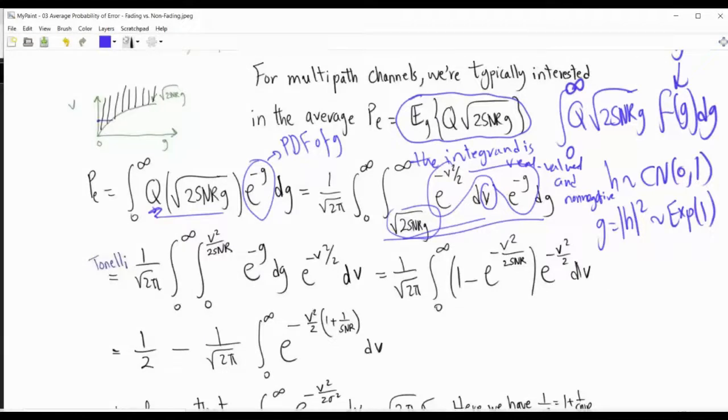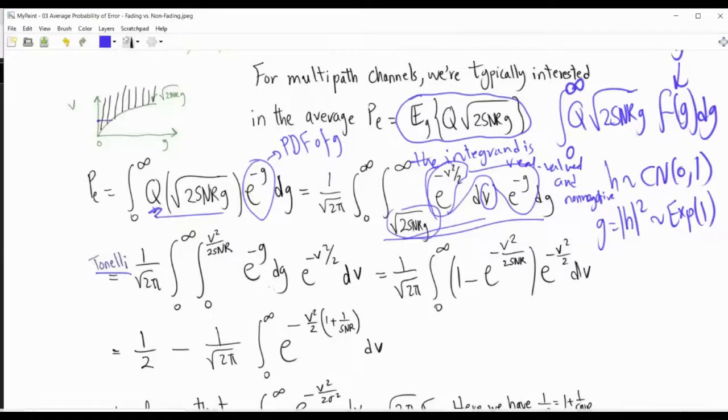Okay, so what is the problem with this integral? We don't know how to integrate e to the minus v squared, but we know how to integrate e to the minus g. Because our integrand is non-negative, we can apply Tonelli and do this integration in any order of our choice, and we want to integrate first with respect to g because it seems to be a manageable integral.